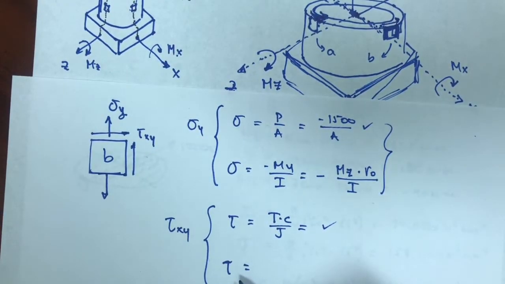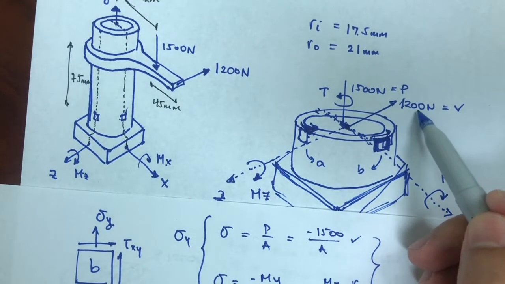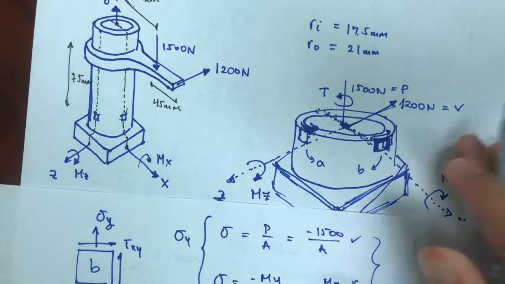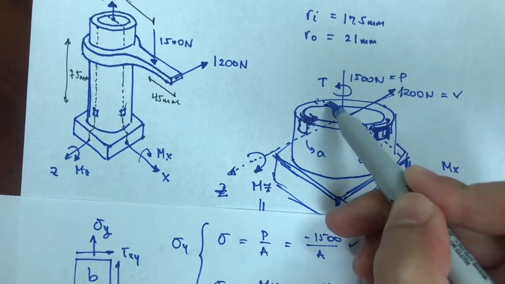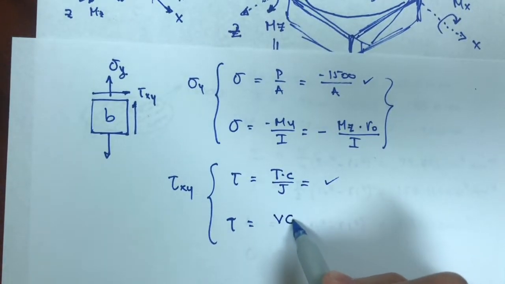And then for the shearing, due to shear, I have this force of 1200 newtons, which is going in the negative z direction, and I know that it is going to be maximum here on this dotted line, which is exactly where B is located. And then for that, I would have VQ over It.